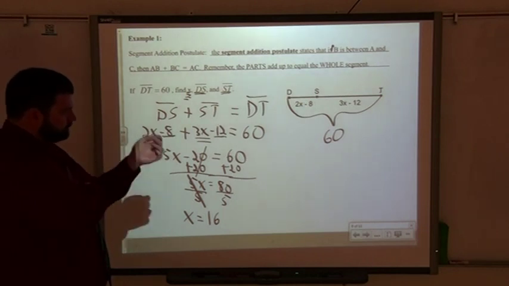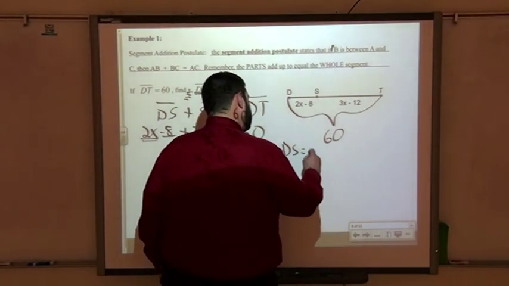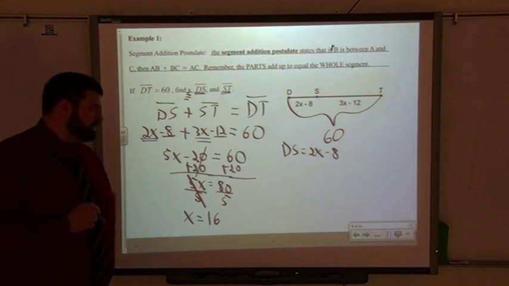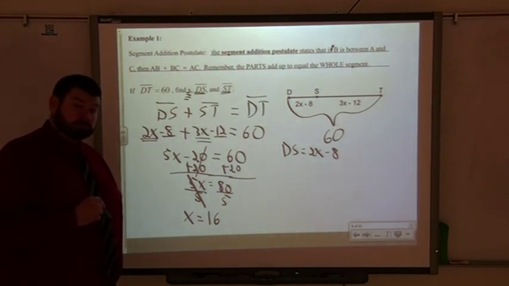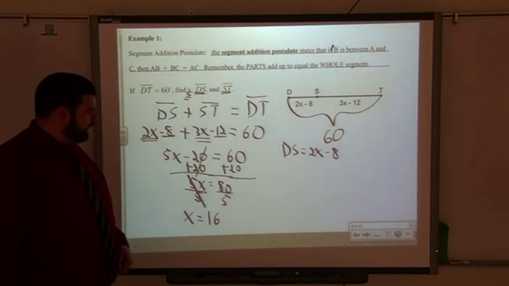I know what x equals. And I know that DS is 2x minus 8. So how can I find out what DS equals? What's that? Plug it in. I like that idea. Yeah, let's try that.